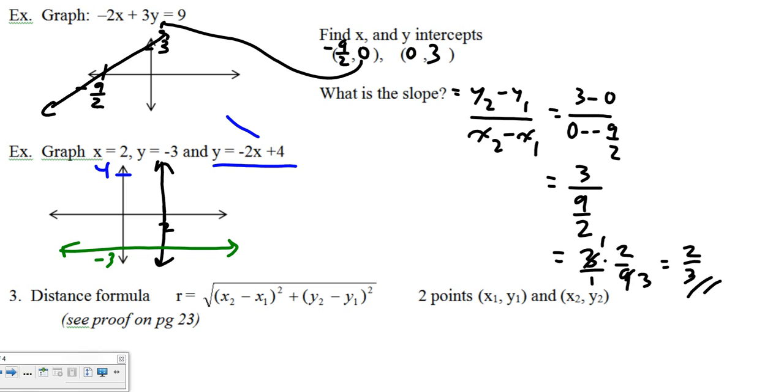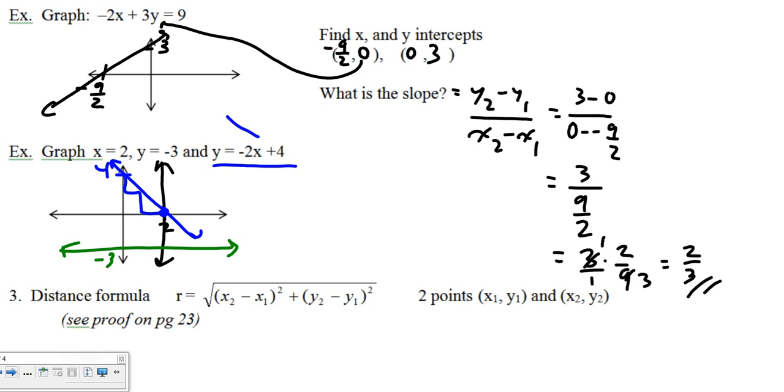And then the slope is negative 2, which means I'm going to go down 2 over 1. Down 2 over 1, which means that slope is going to be in the negative direction, and you showed 2 points on it, the intercept and the point 2, 0, so you showed enough in order to graph that one.